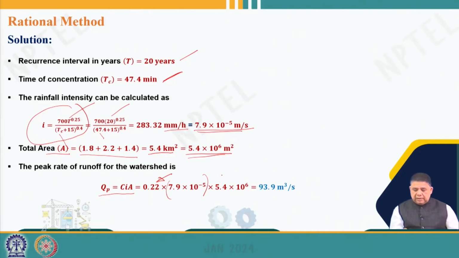Simply, we get a QP value of 93.9 cubic meter per second. That is the peak rate of runoff from the watershed with the given information. That is the final answer of this particular question.